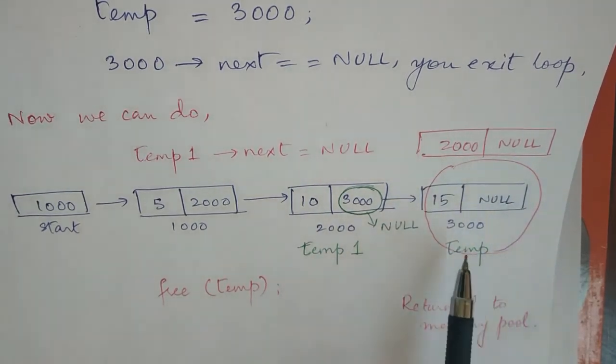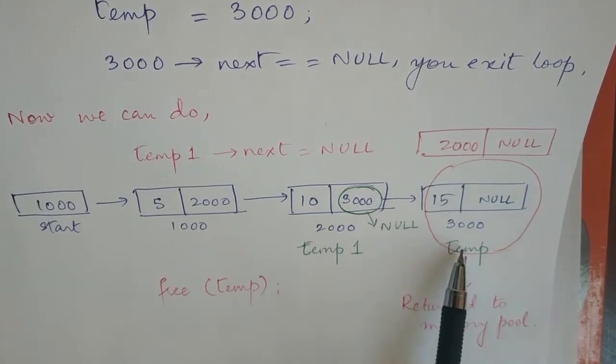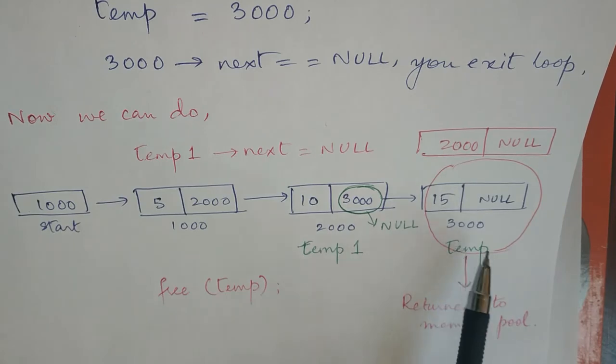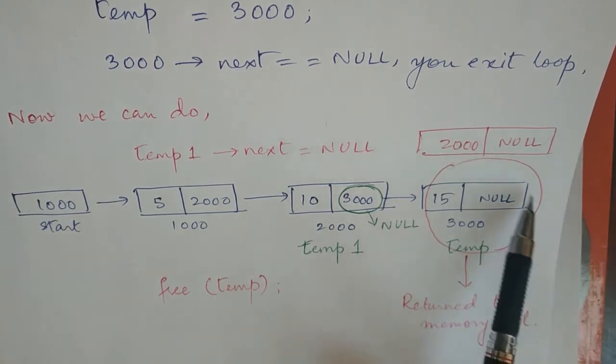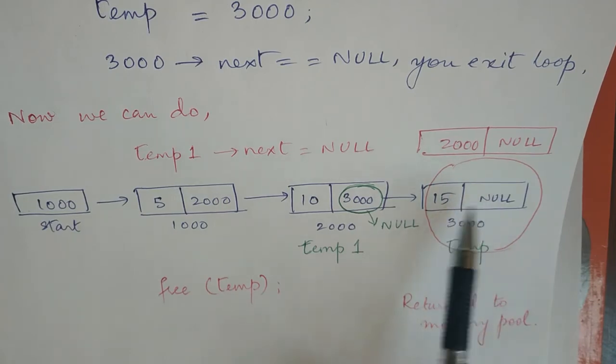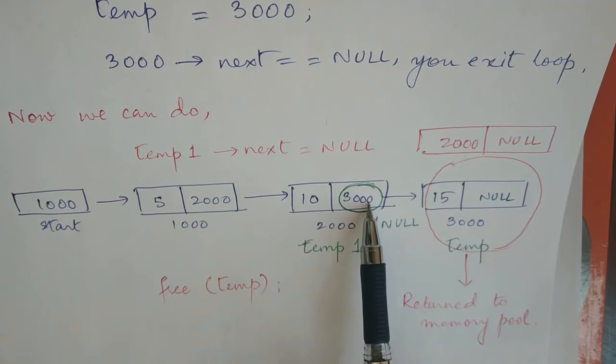So we have to delete this. Delete means we can just say free temp, because this is not linked to anything ahead, so we don't have to worry about saving this temp value for using further. We still have this temp value here. Temp is 3000 and 3000 is here.